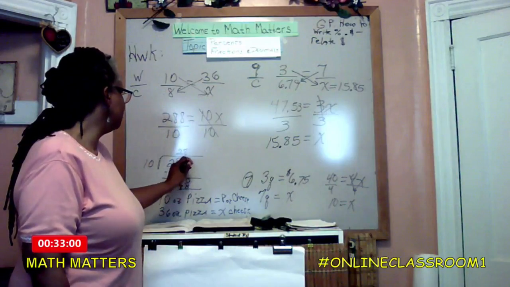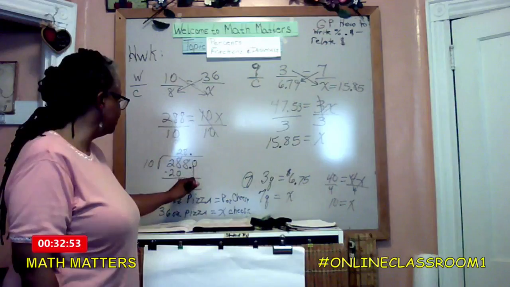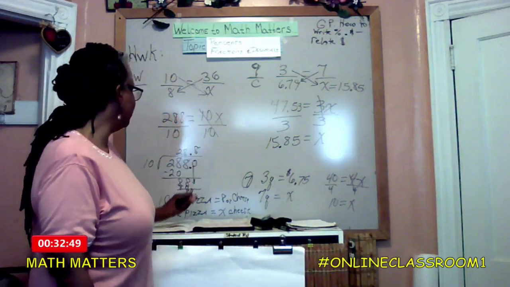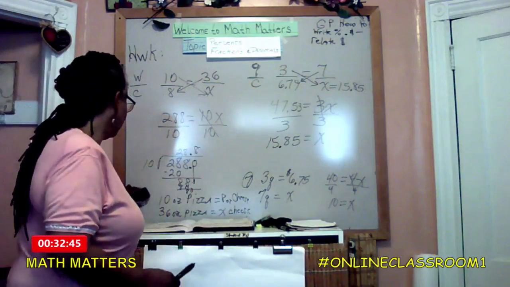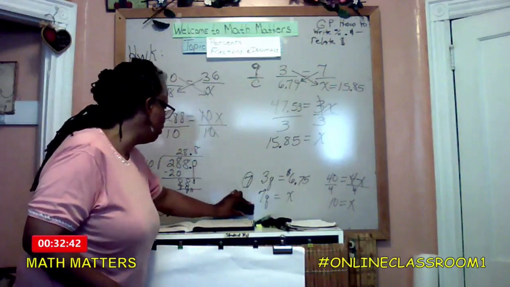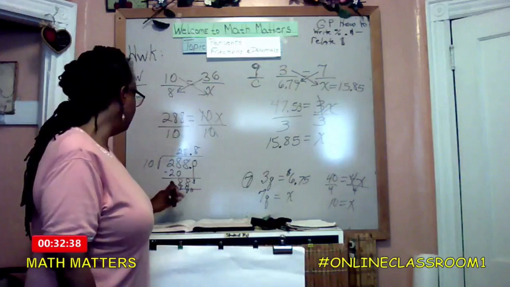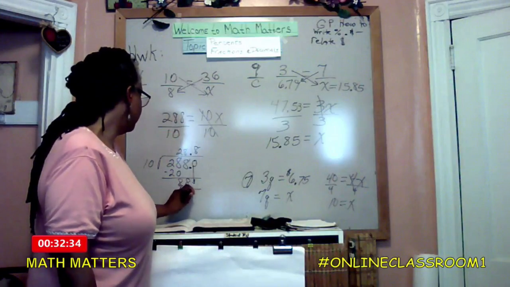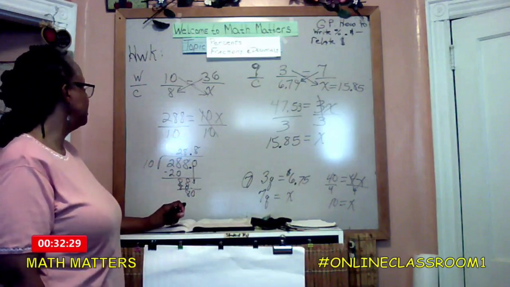We're going to need a decimal and a 0. So we come down with 8. Bring down that 0. 10 goes into 80 8 times. And we don't have to crunch this up anymore. We can move it down, and we come up with 28.8.